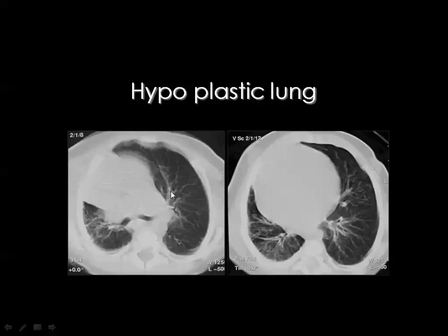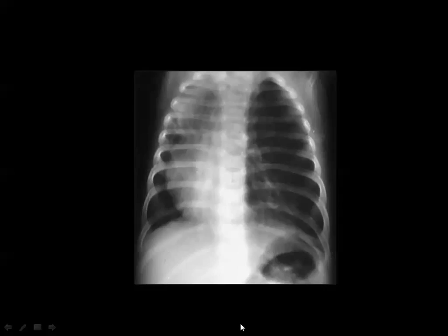And if you look here, then you see that the vascular markings are normal. And if you look in the right lung, you see also that the vascular markings are normal. Then whenever the lung markings or the pulmonary vessels are normal on both sides, then the small side is the abnormal one. Then they consider this lung is abnormal, and now you are going to diagnose a lung hypoplasia.